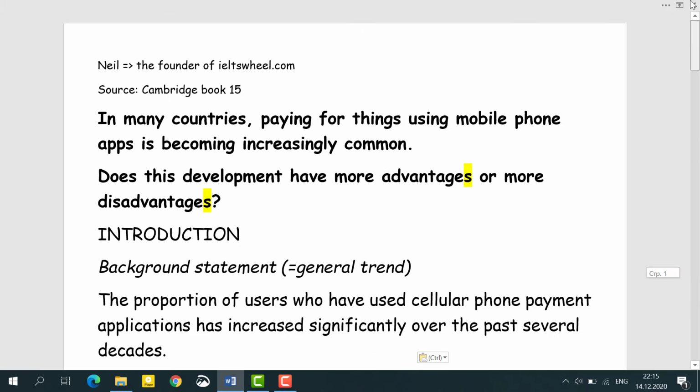So let's just look at our essay prompt. Again, here it says, does this development have more advantages or more disadvantages?